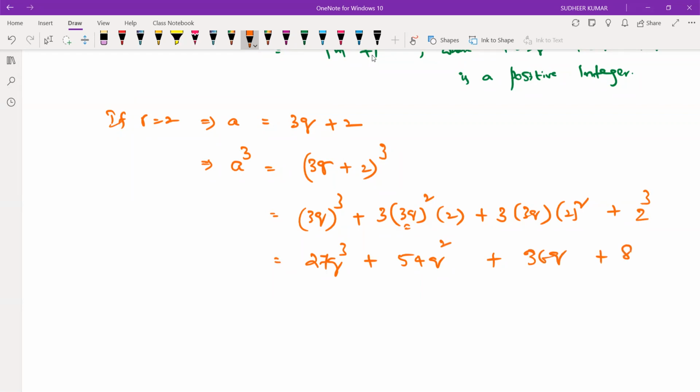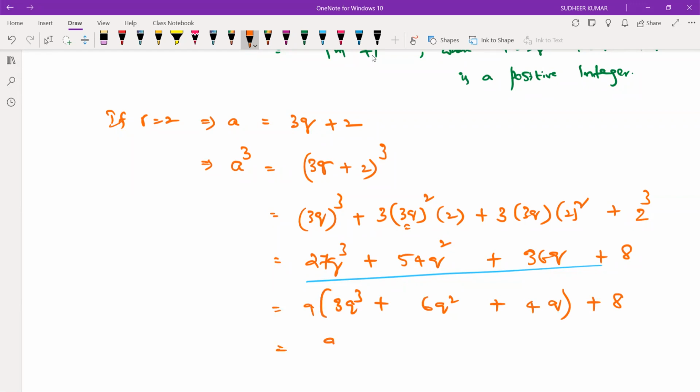From these terms, we take 9 common: 9 times 3q cube plus 6q square plus 4q, plus 8. So this is 9m plus 8, where m equals 3q cube plus 6q square plus 4q, a positive integer.